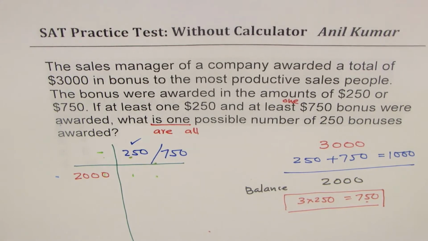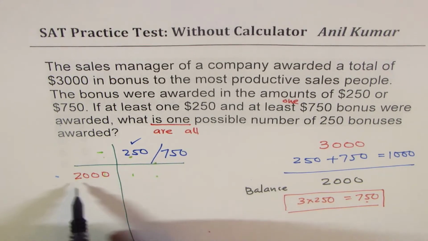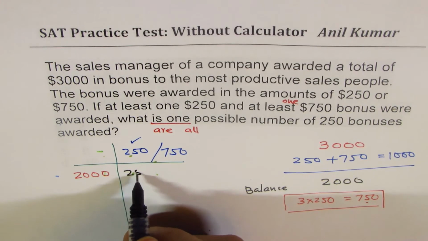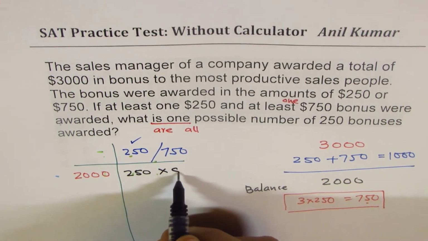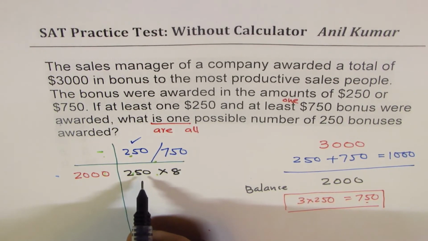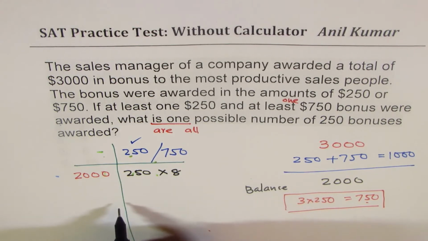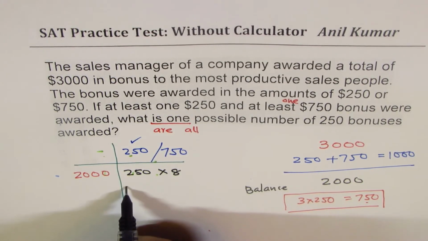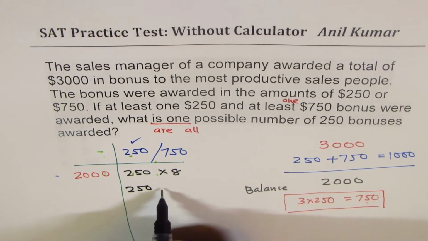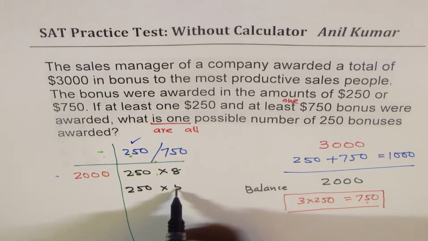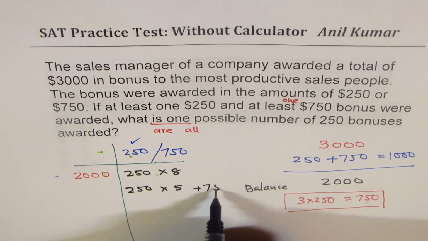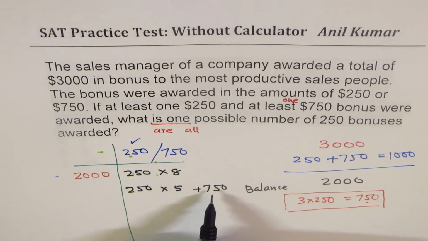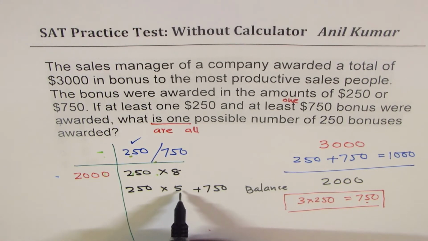Is that okay? Right. So for 2000, I could give 250 times 8. 4 of them will make 1000. So 2000 means 8. Another combination could be, I could give 3 less, so make it 5 plus one 750. Do you get it? 3 less means one 750. So that could be the next combination.